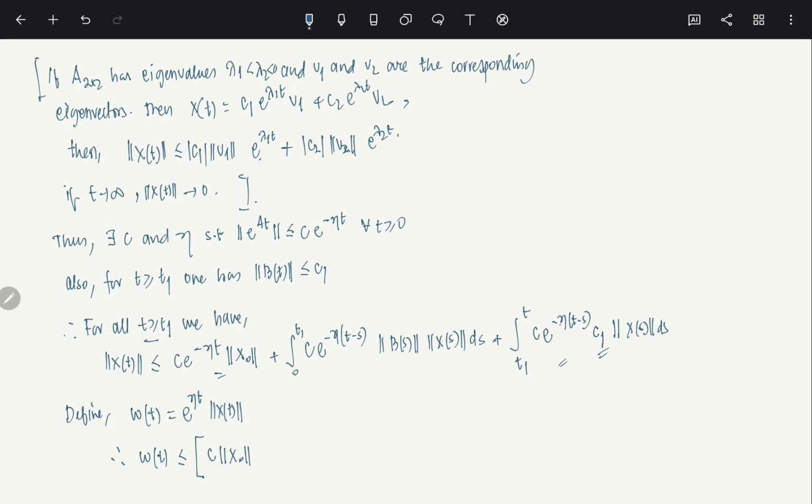Okay, it's fine. Eta. Now e to the power eta t I can take everywhere. So this term and this term I will just put it together. Sorry about the confusion. So this term plus the integral from t1 to t of c times e to the power eta s, see, e to the minus eta t goes that way, right?